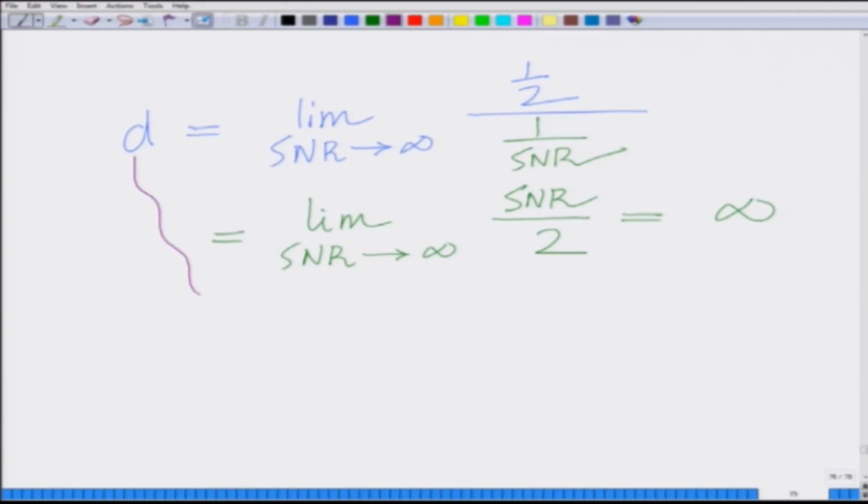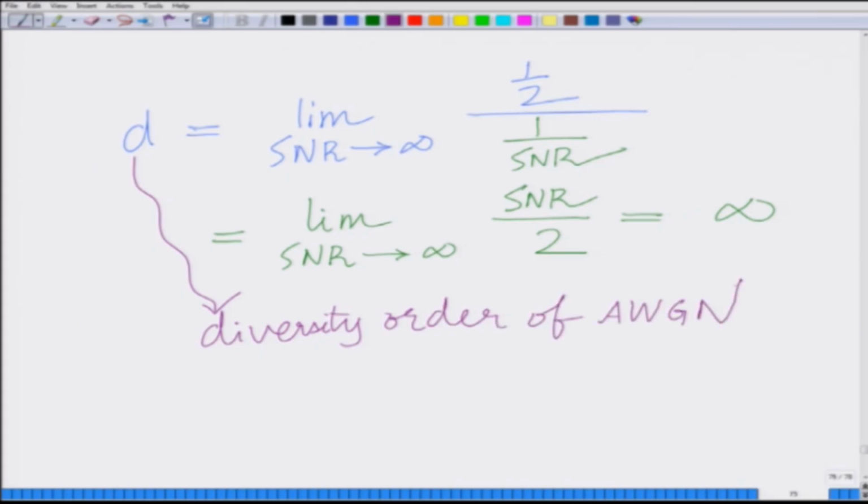So, therefore, the diversity order of my simple AWGN channel or wire line is equal to infinity.